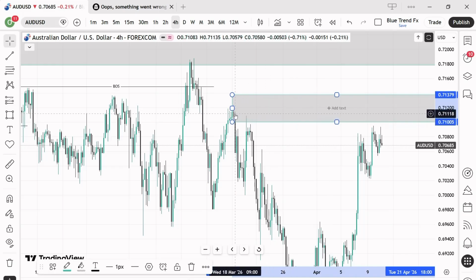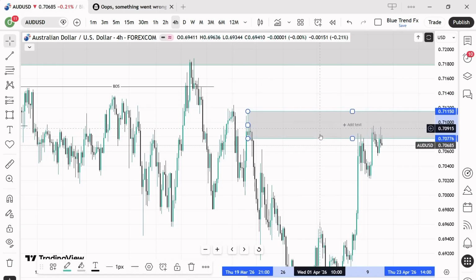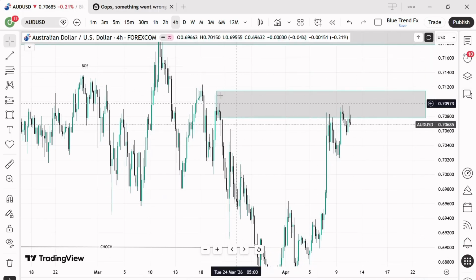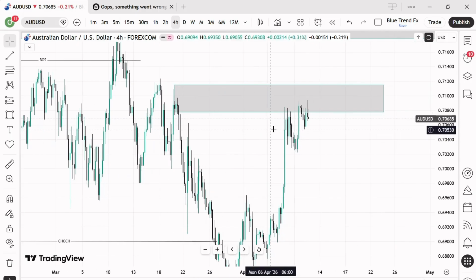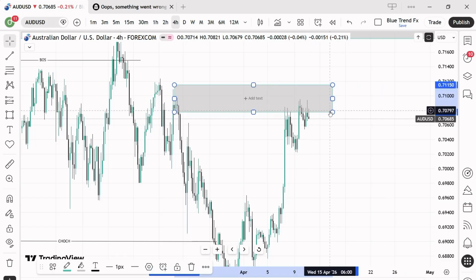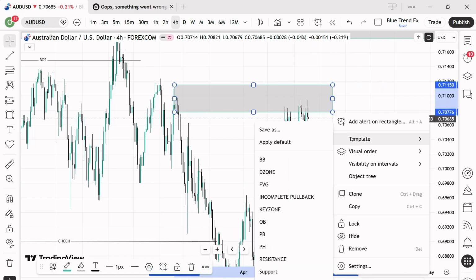And because we have a money transfer to this level, so when I say money transfer, it is because this right here has been mitigated, as you can see. The order block has been filled as well as the FVG. So for me, this is where I'm going to be looking at as my POI on AUD USD.